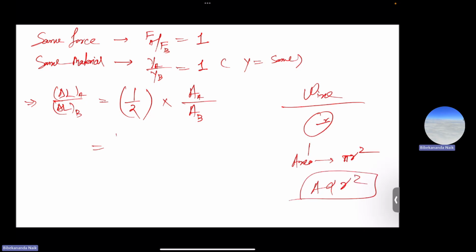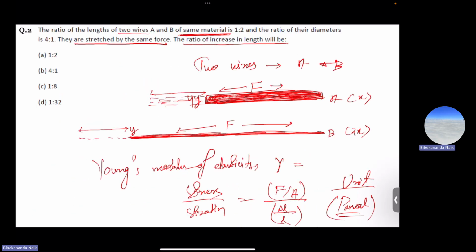So we can write here half into R B square divided by R A square. What is the ratio of the radius? The ratio of their diameters is 4 is to 1.